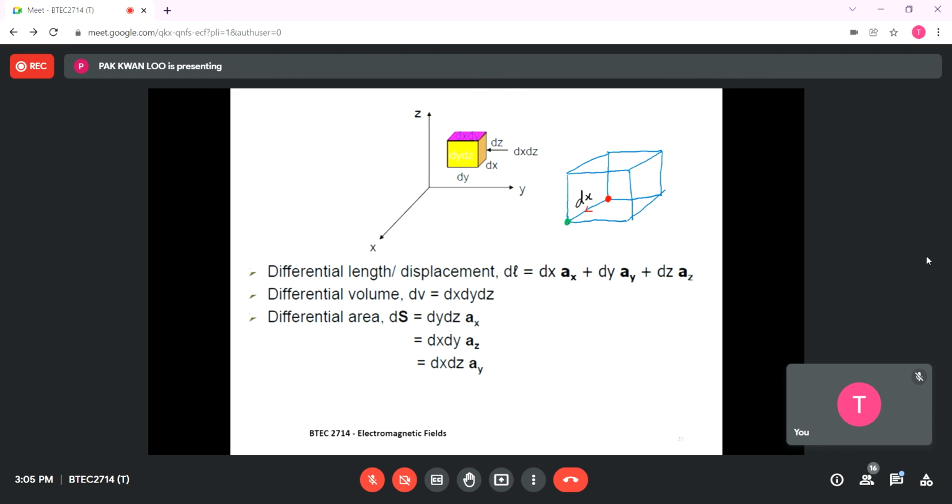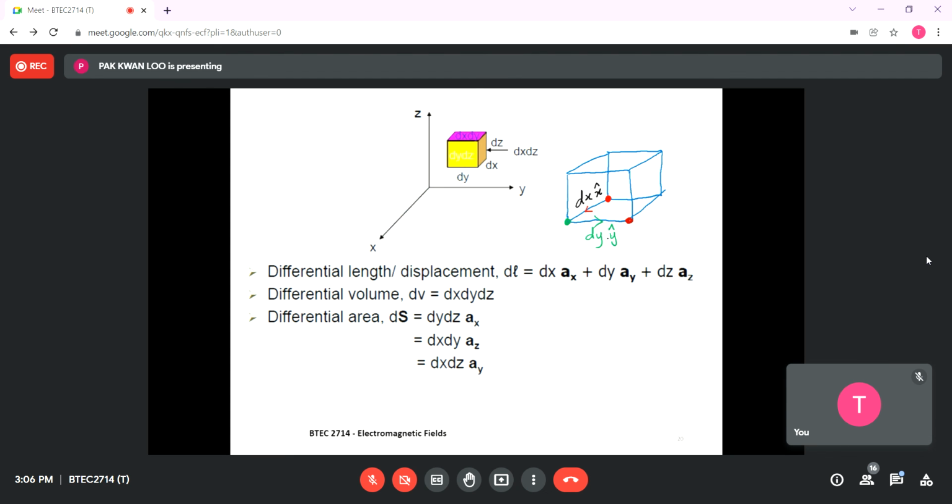And then from this point, you move across in the y direction and you landed here. Again, this displacement here is a small length in the direction of y. Okay. So I should put the directions y cap and x cap here.